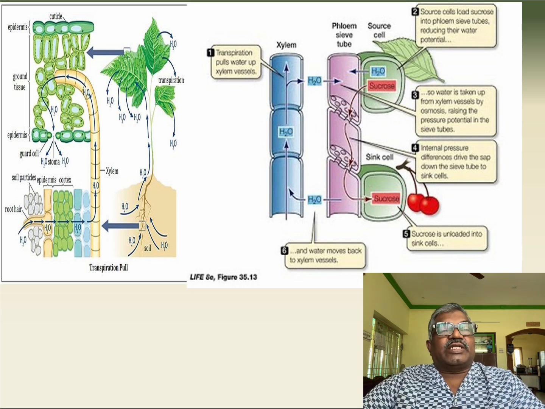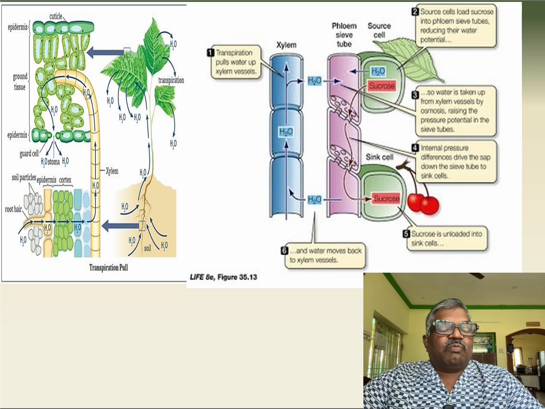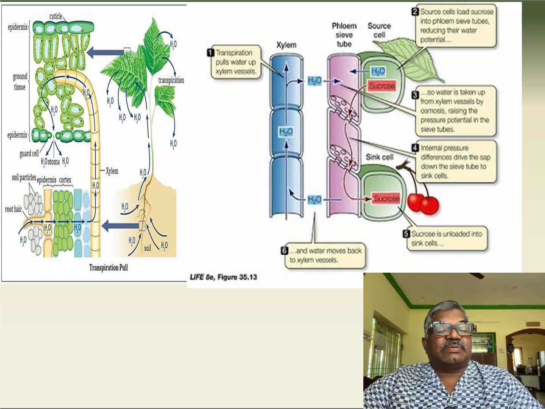The osmotic pressure creates a push, and transpiration creates a pulling pressure. These two pressures are responsible for the conduction of water and minerals through the plants.